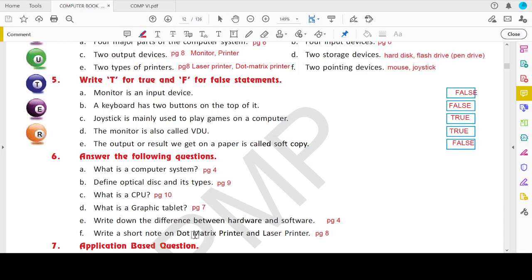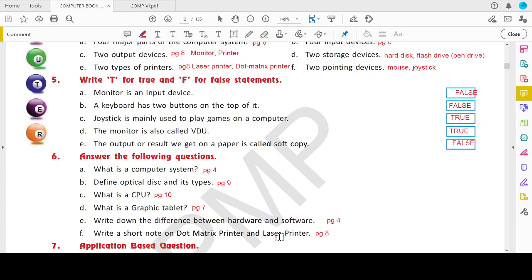Write short note on dot matrix printer and laser printer. Dot matrix printer is a slow device, is a slow printer. It prints at the rate of characters per second. And laser printer is a very fast and high quality device that prints without any contact with the page, and there is no contact with the print head and the paper.